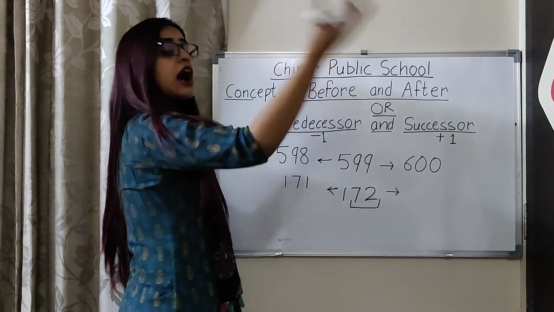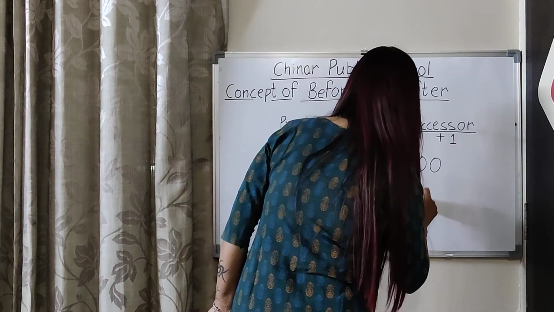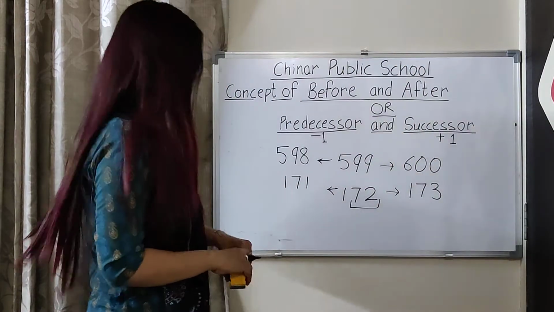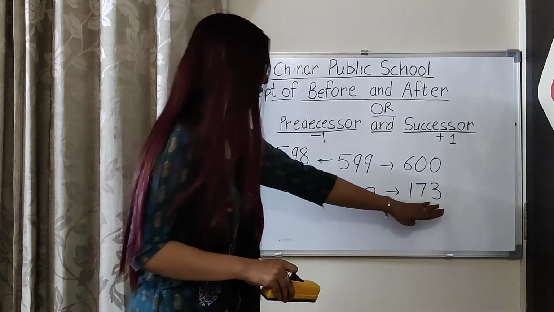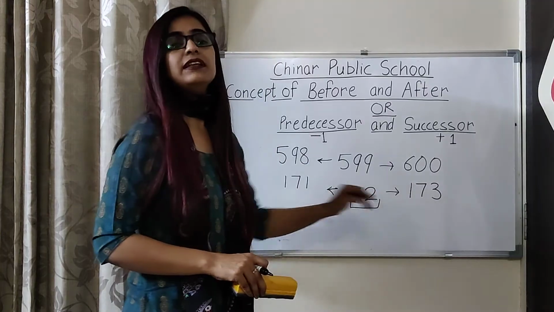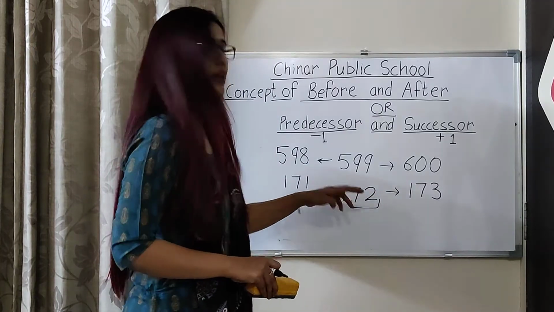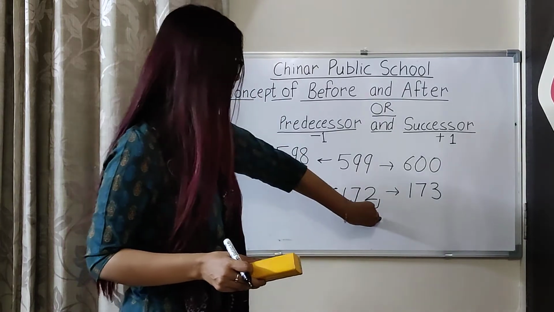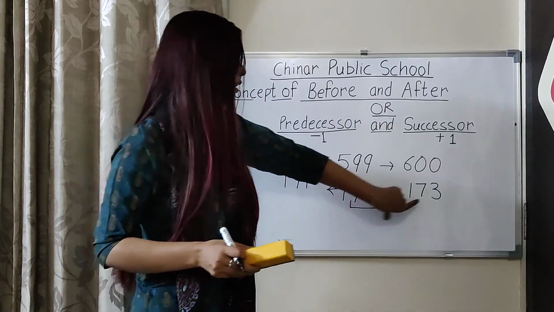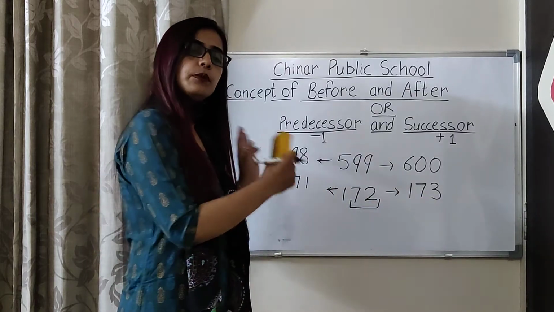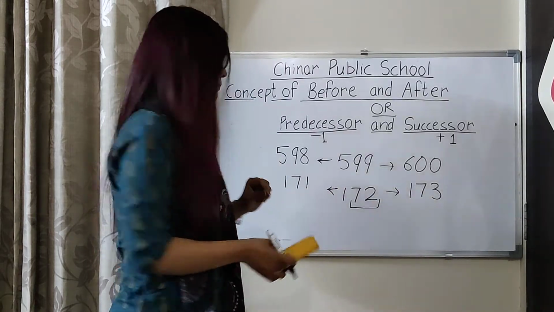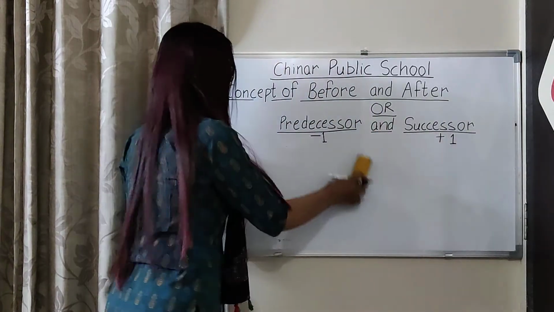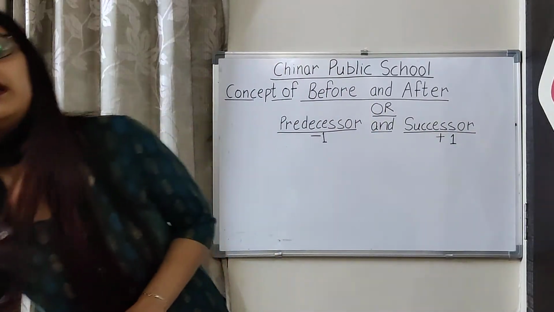And what comes after 72? 173. So look, only these two numbers will be changed. अभी इसमें हमारा टेंथ प्लेस चेंज नहीं हुआ है, बट इट कैन बी चेंज. तो आपको इन 2 डिजिट्स को साथ में रीड करना है, and accordingly you will write down the before and after number.